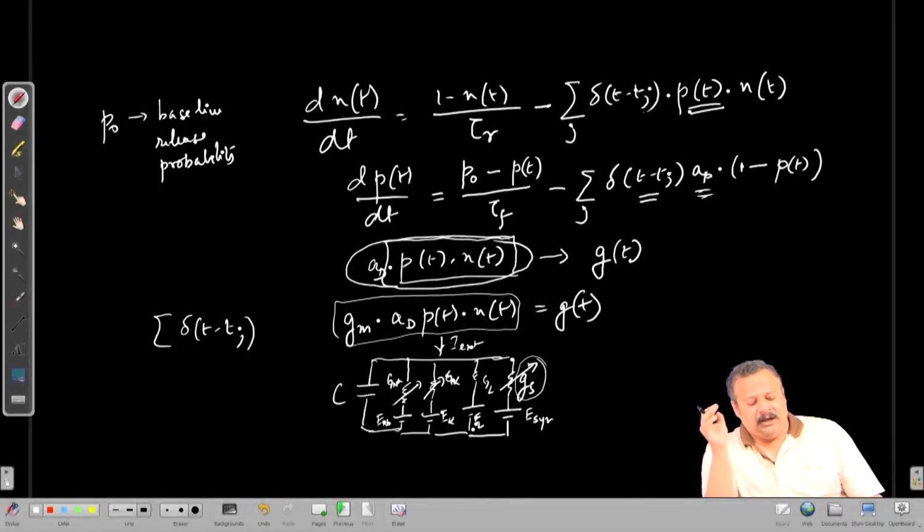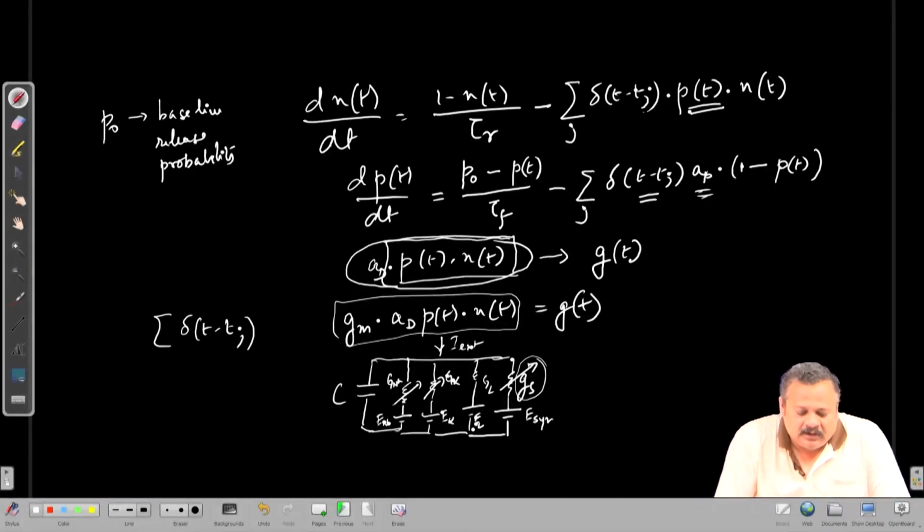So we do not need stiff solvers in order to simulate these differential equations.